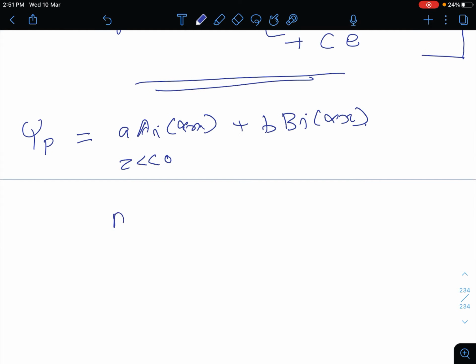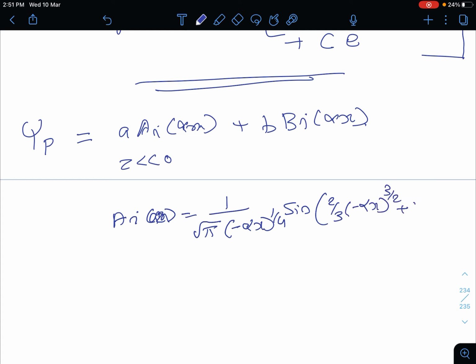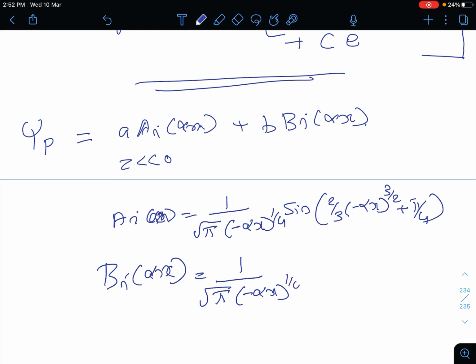Ai of z is equal to, or alpha x is equal to, okay, let's say alpha x is equal to 1 by root pi minus alpha x all raised to 1 by 4 sine 2 by 3 minus alpha x all raised to 3 by 2 plus pi by 4, and Bi of alpha x is equal to 1 by root pi minus alpha x all raised to 1 by 4 cos 2 by 3 minus alpha x all raised to 3 by 2 plus pi by 4.